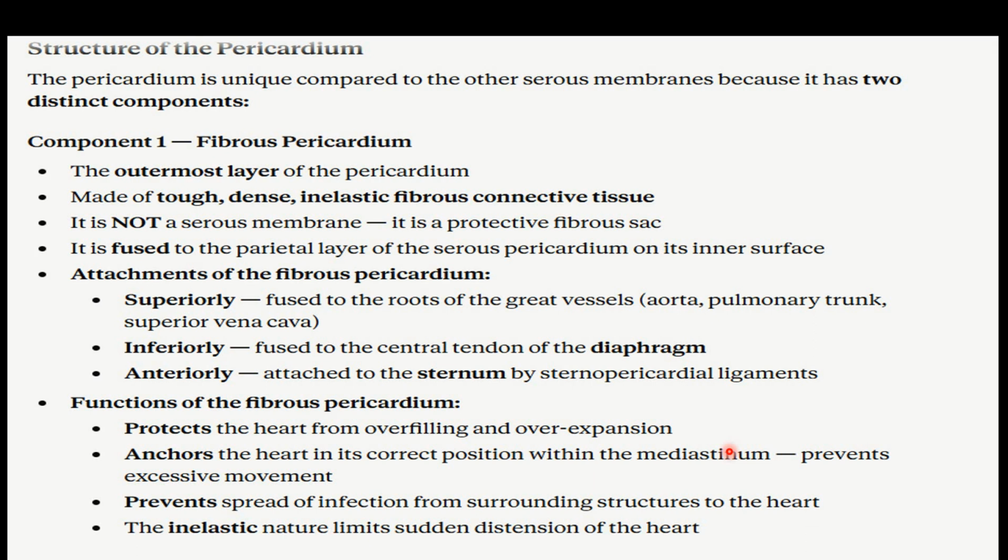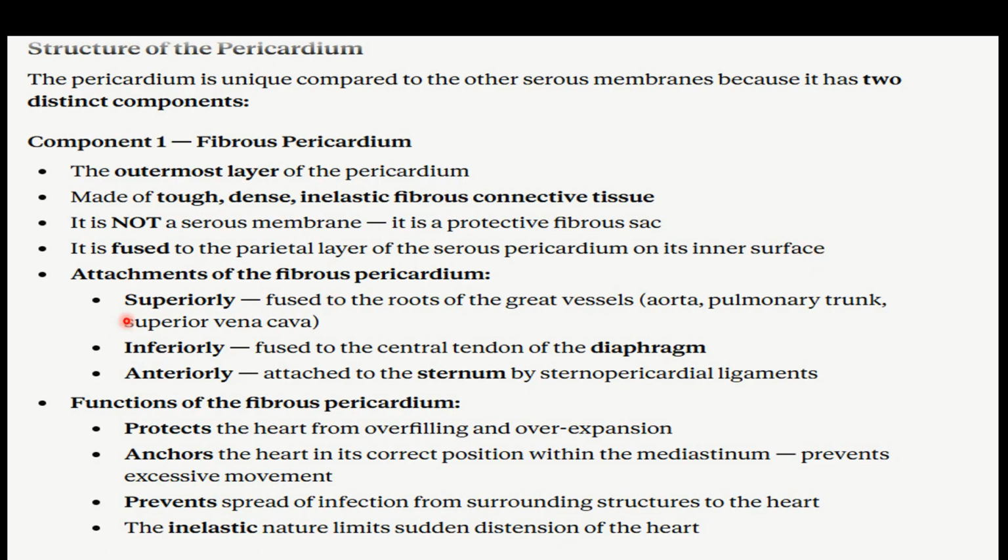A very important point: it is not a serous membrane, it is a protective fibrous sac. After that, it is fused to the parietal layer of the serous pericardium on its inner surface.